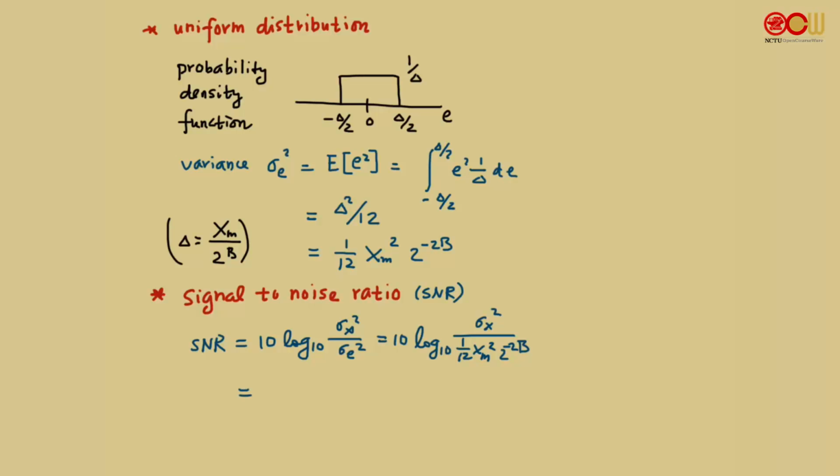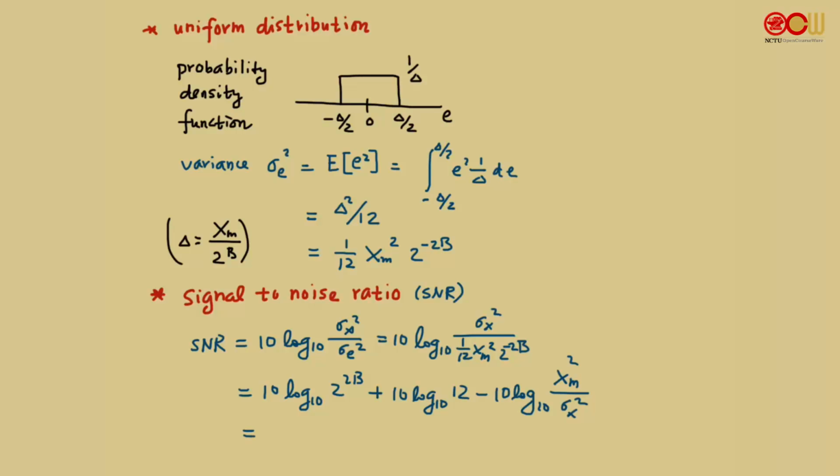And this gives rise to 10 log 10 of 2 to the 2b plus 10 log 10 of 12 minus 10 log 10 of xm squared over sigma x squared.